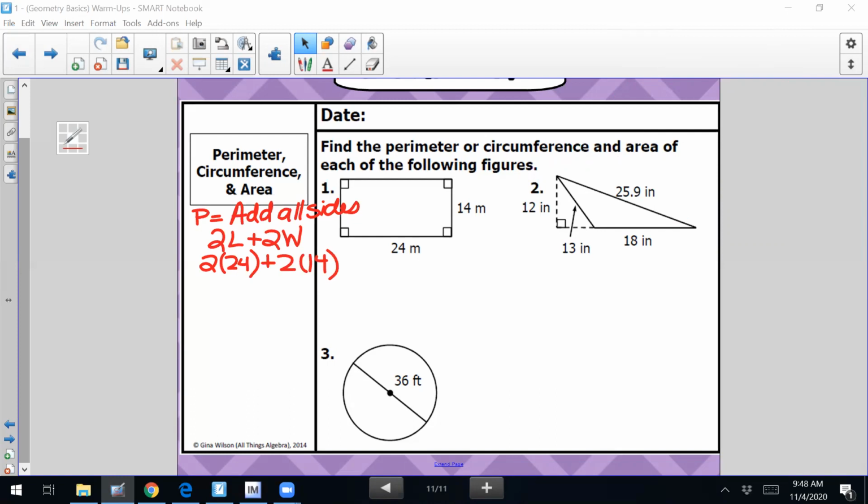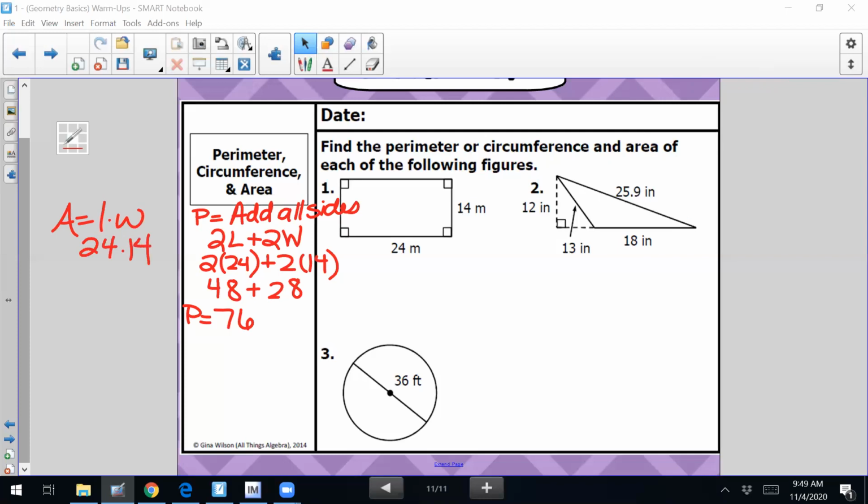So what's 2 times 24? 48. What's 2 times 14? 28. Then you add them up, and that's going to give you 76. So the perimeter is 76. Now, how do you find the area of a rectangle? Length times width, which is 24 times 14, or vice versa.